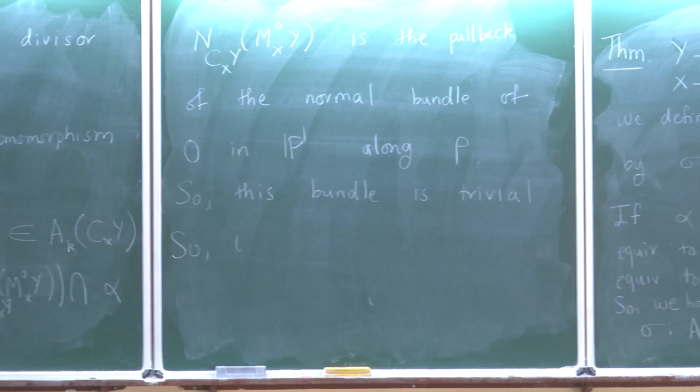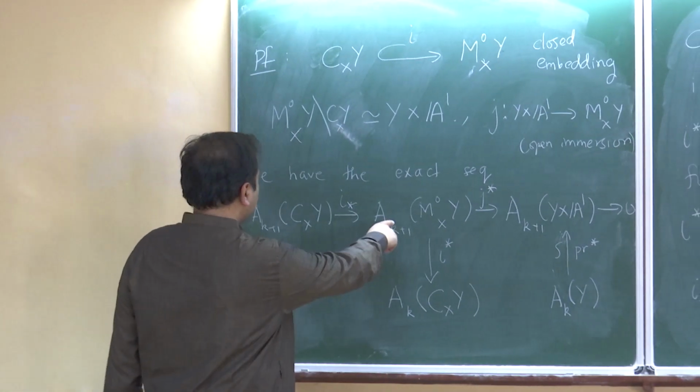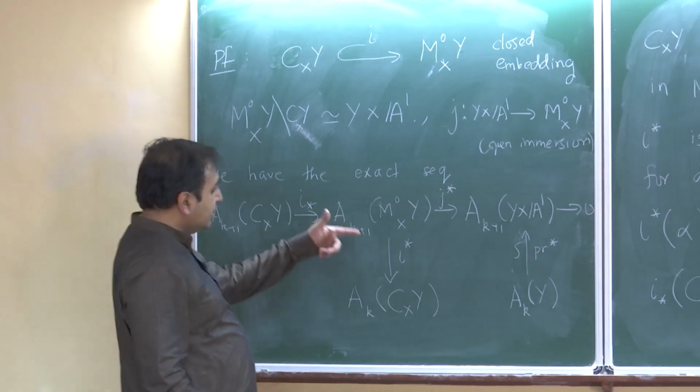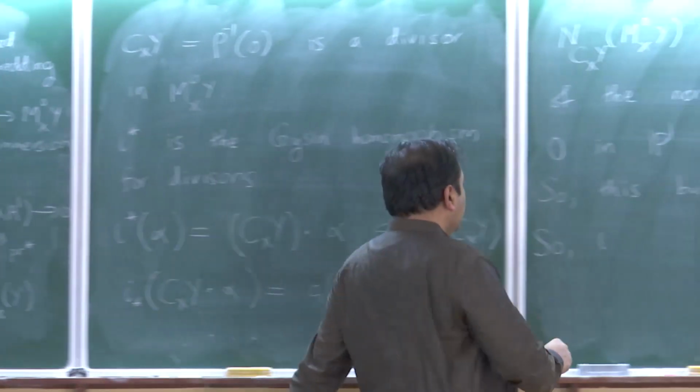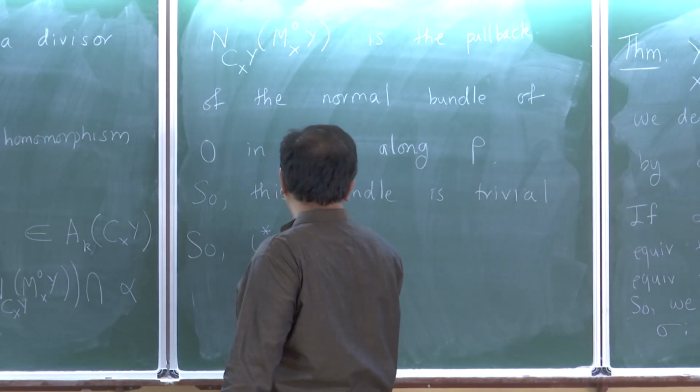where is the diagram? Yeah. If I go like this, I basically get 0. So i upper star is the zero homomorphism.